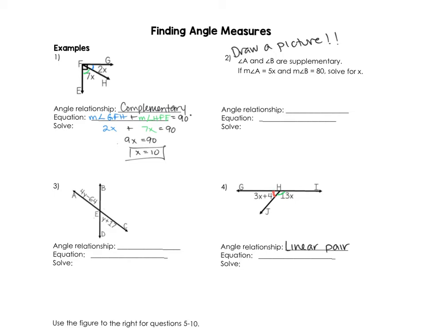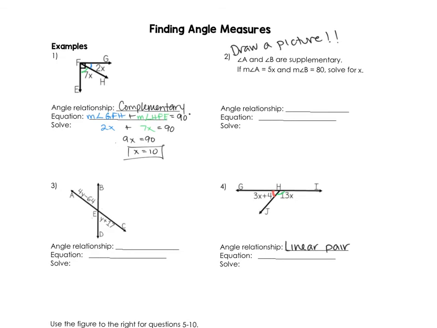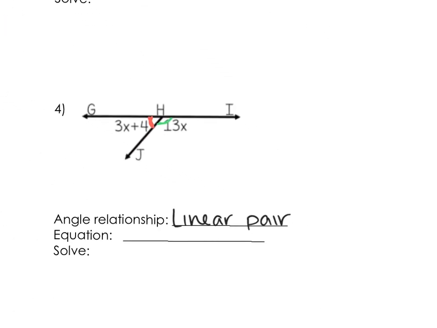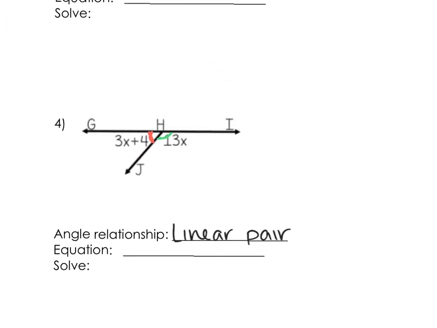If my angles are a linear pair, that means when I add them together, they equal 180 degrees. So if I write my angle relationship statement here, I can say the measure of my red angle, angle GHJ, plus the measure of my green angle, angle IHJ. These are a linear pair. I know they add up to 180.